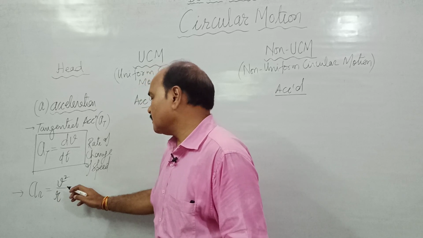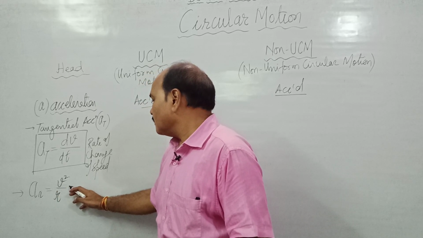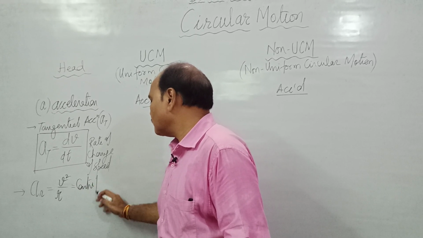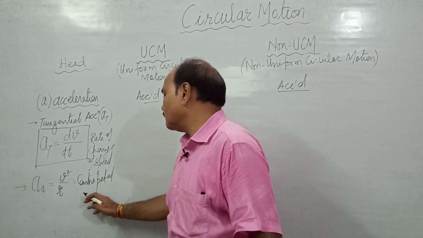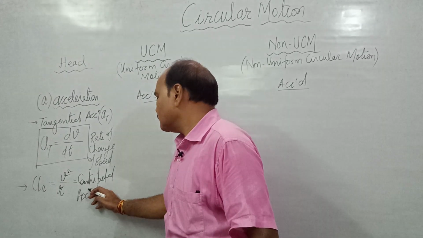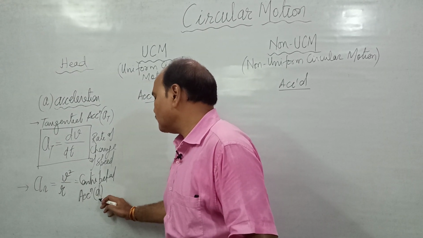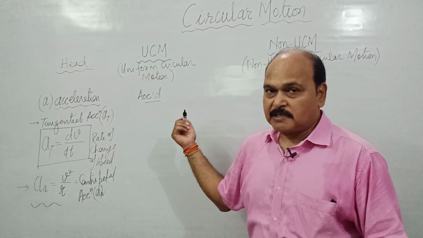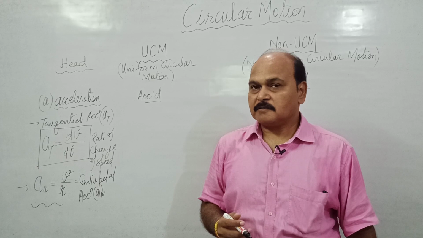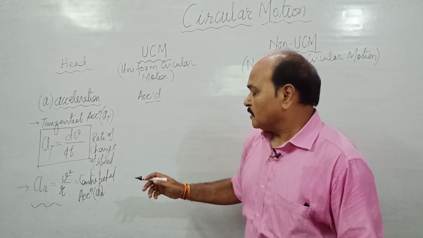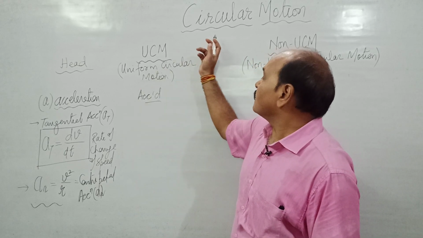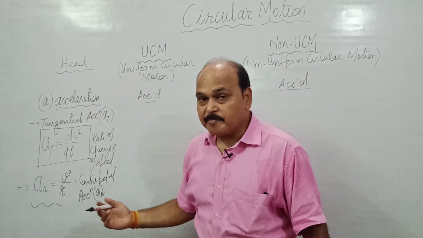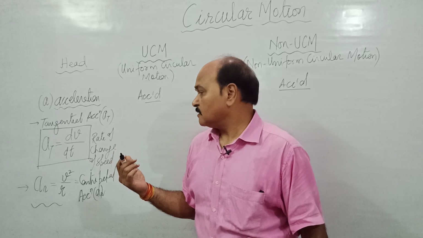This acceleration, AR, is directed towards the center. So there are two types of acceleration in circular motion. Number one is tangential, the other one is centripetal, that is towards the center.